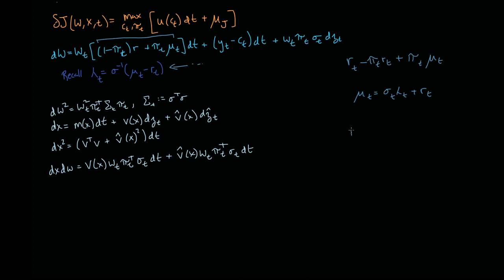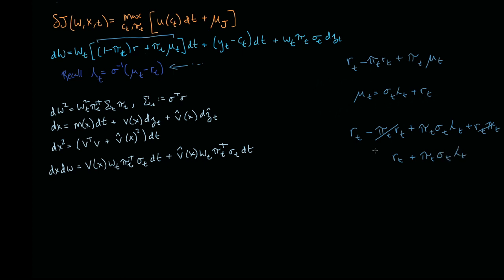Okay, and then we'll plug that in. So we get r_t minus pi_t r_t plus pi_t sigma_t lambda_t plus r_t pi_t. And then that cancels with that, and then we're left with r_t plus pi_t sigma_t lambda_t.